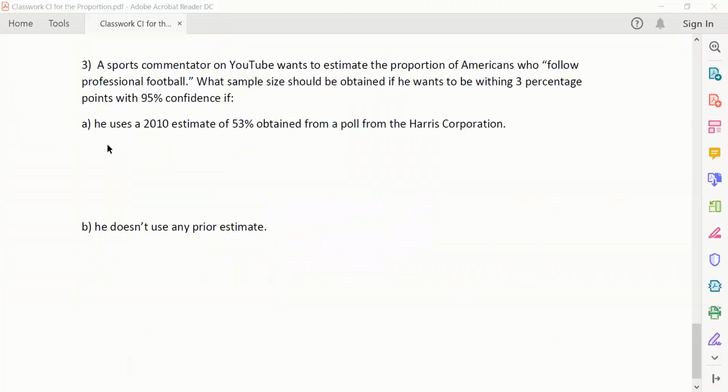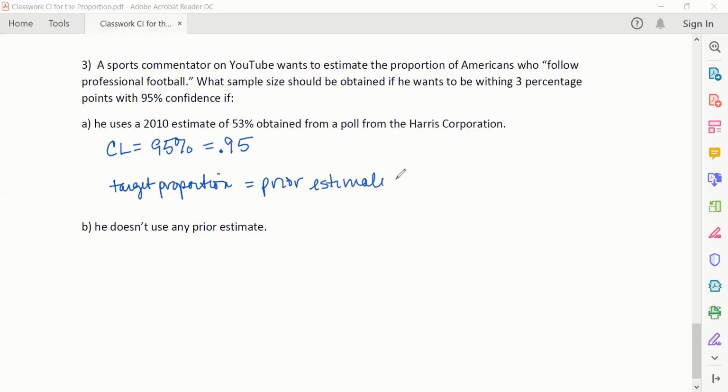Okay, so we need to look at the confidence level, which in this case is 95%, and we'll write that as a decimal, 0.95. We're going to be looking for the target proportion, which is the prior estimate. So in this case, it's 53%, which we write as 0.53.